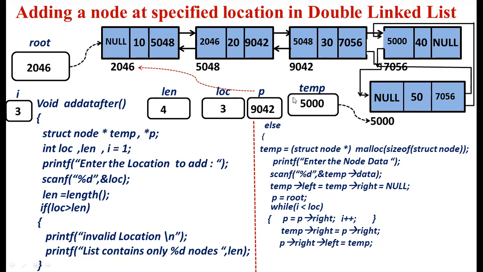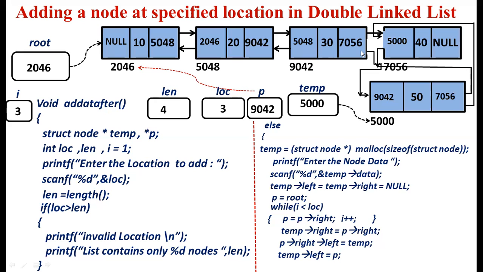What is this? It is temp to left. So we need to assign the P value into temp to left so that this connection will get established, from this direction to this direction. So three connections are over now.